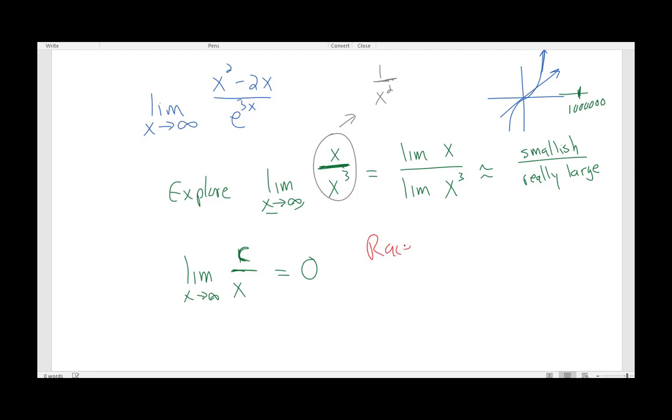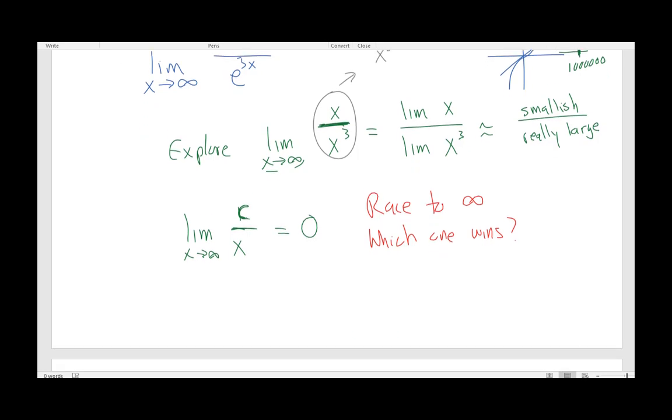So we have a race to infinity, if you will. And which one wins? Does the numerator win? Does the denominator win? So we can see in this example, the denominator wins the race compared to the numerator, and our fraction drives to 0.